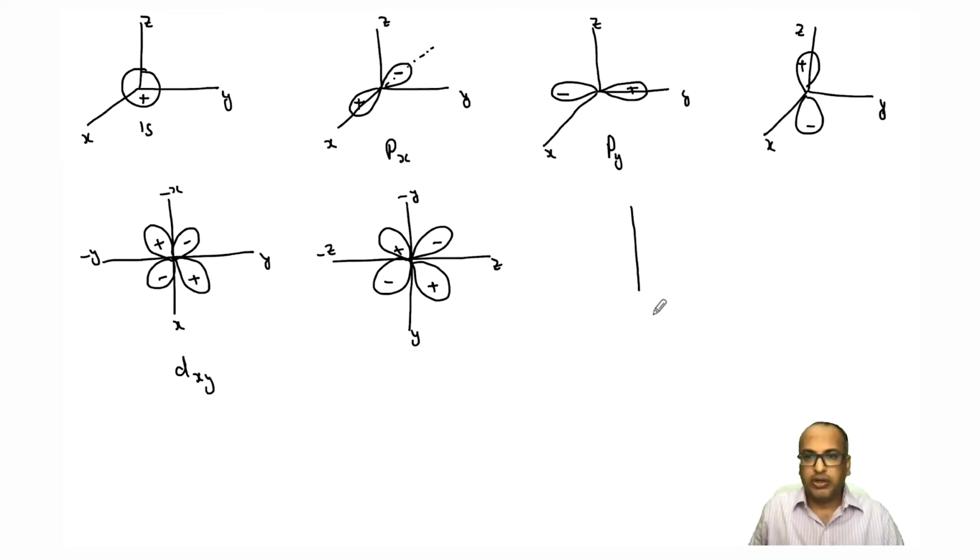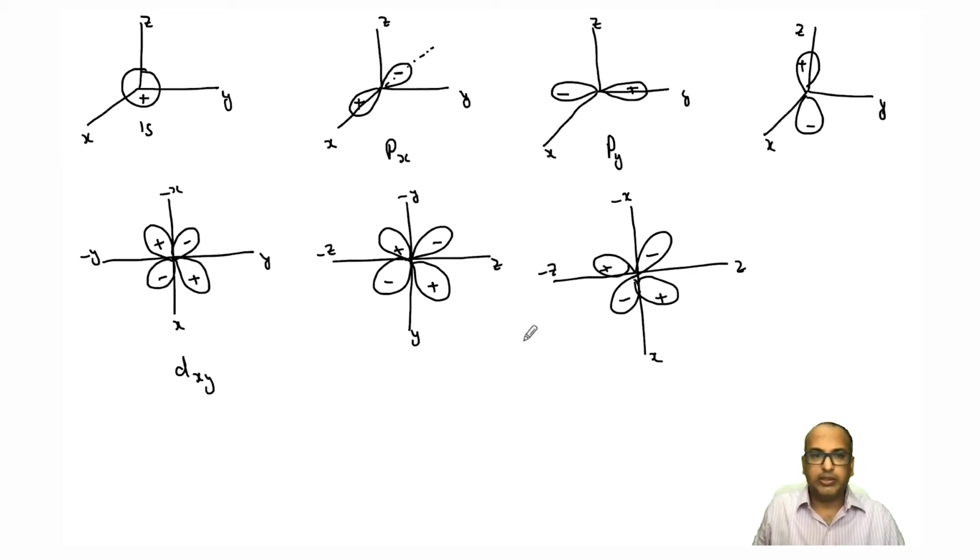So also draw it for xz, xz, minus x, minus z. Again, this will be minus. And now let's also draw for the rest of the d orbitals, which will be the dz square.